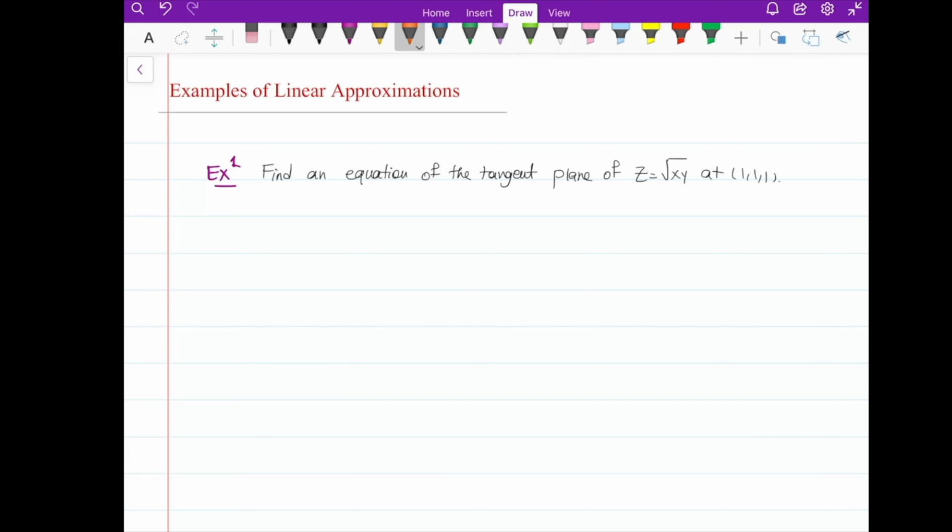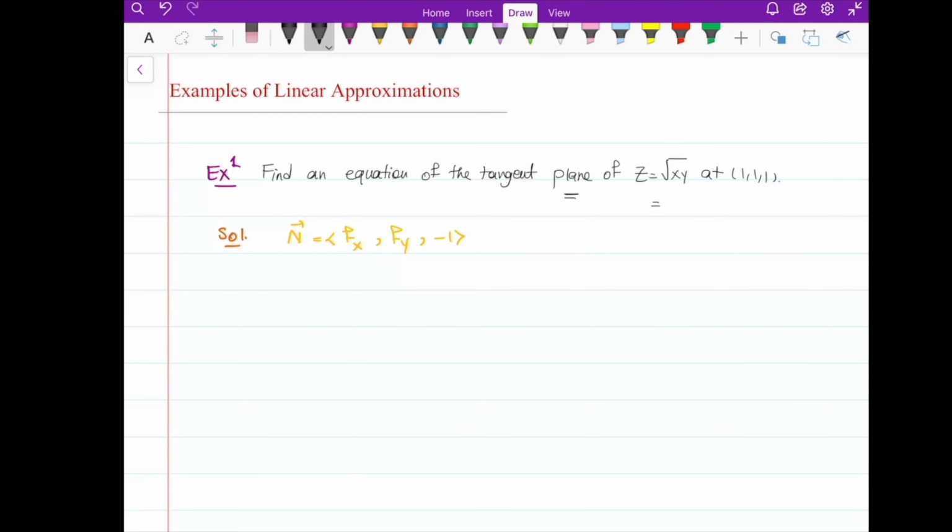Okay, so I know that the tangent plane has the normal vector as the partial derivative with respect to x at the given point, the partial derivative with respect to y, and also -1. So I need to find the partial derivatives first.